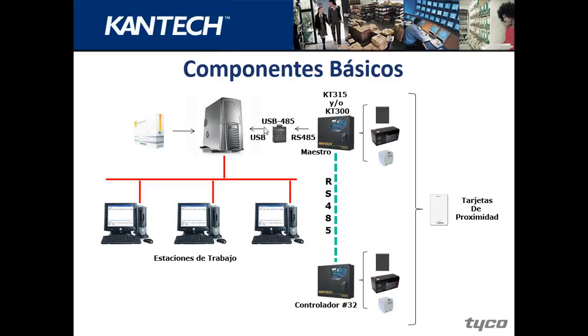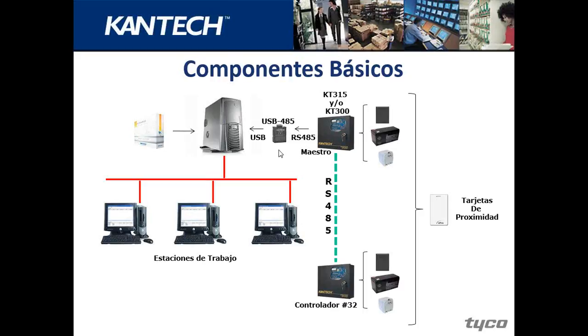As communication device, we have a USB 485 connected to the computer, having the gateway, going to the first controller. And as you know, we can have up to 32 controllers per loop, in a daisy chain: controller 1, 2, 3, and that goes up to 32.